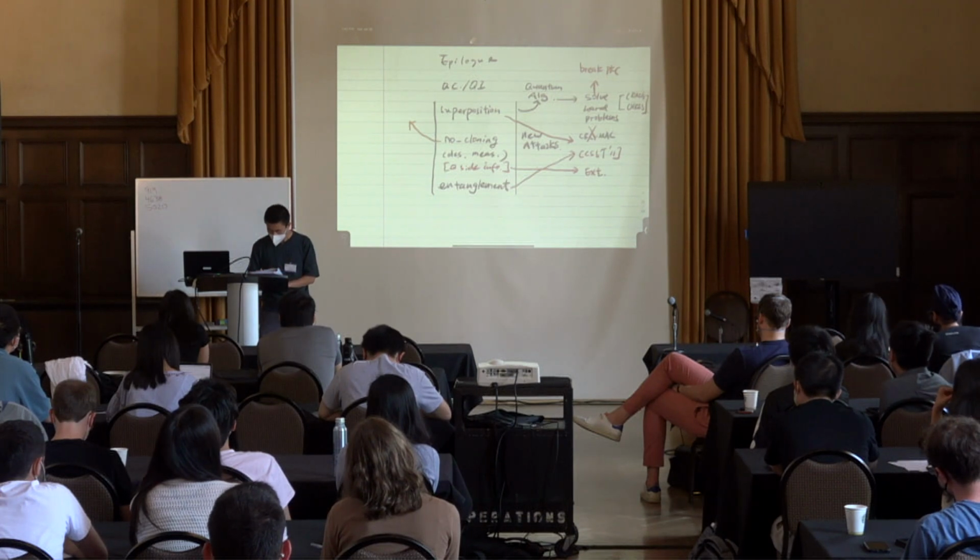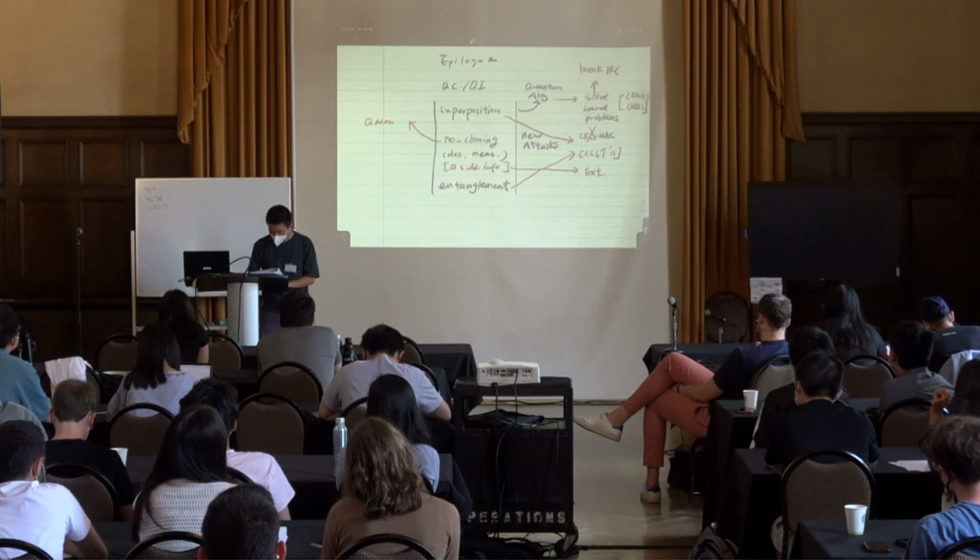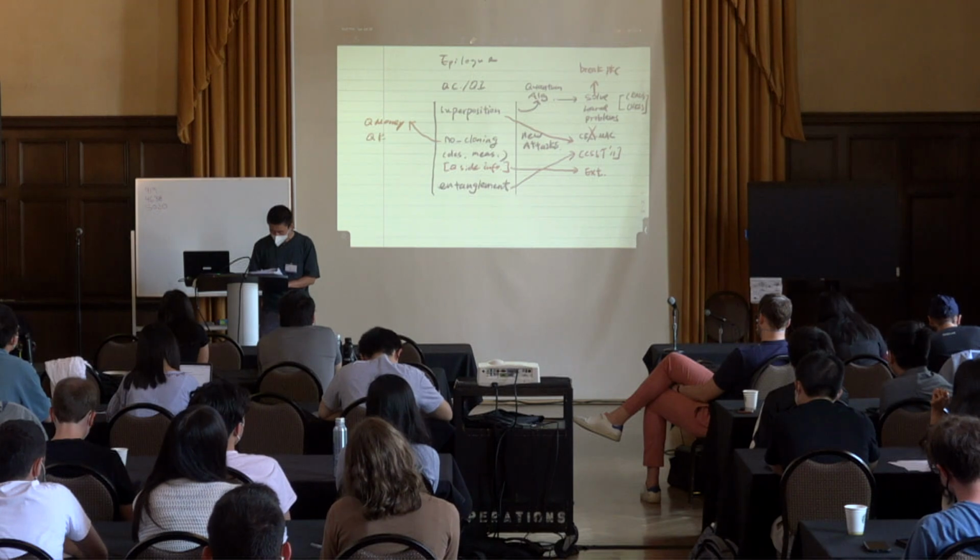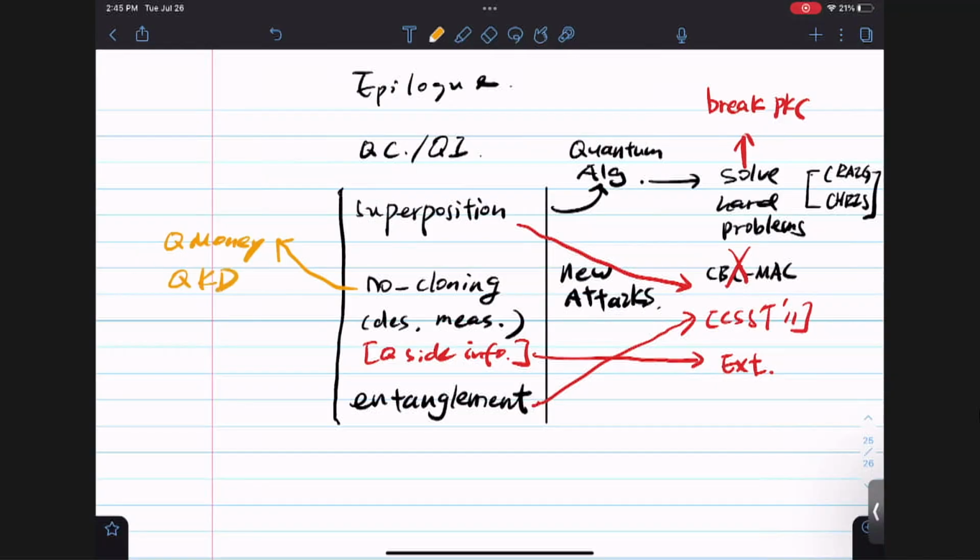So Wiesner came up with the idea of quantum money, and then it inspired quantum key distribution. In recent years, there's lots of work on quantum copy protection, which essentially is based on this non-cloning feature. So you'll hear more from Anne's talk.